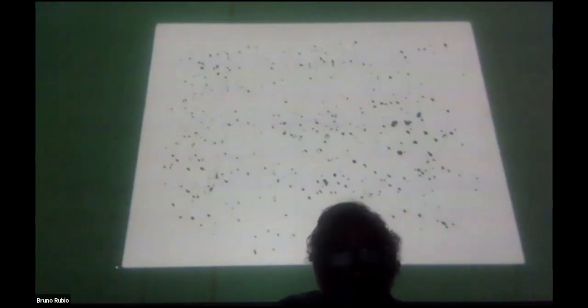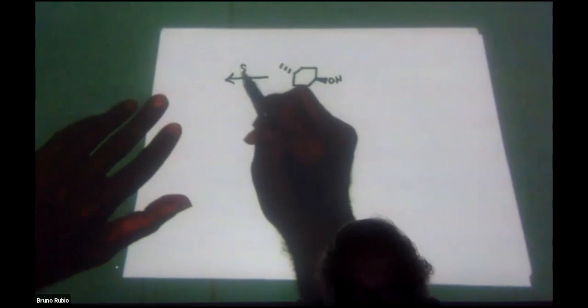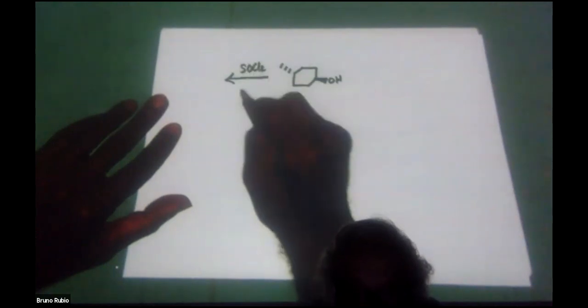Okay, so let's do some problems where we're looking at these complex reactions. All right, so let's go back to this alcohol here, wedge OH, dash, dash, dash. And over here, SOCl2 and pyridine.